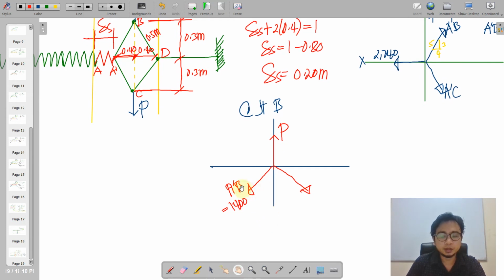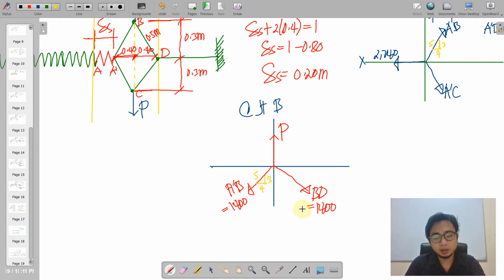Of course, if we consider equilibrium on horizontal axis, we can say that this diagonal force A prime B is also equal to BD here. Okay, they shall be equal in magnitude and both have also the same slope, that is 3 vertical, 4 horizontal, and 5 sloping hypotenuse.